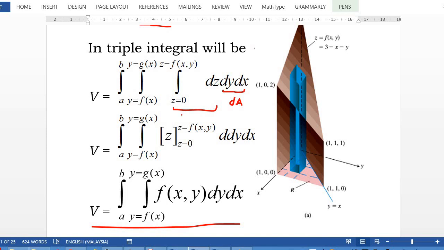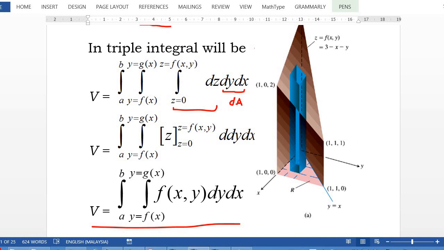However, if using a double integral, your bottom surface, the region R, is always on the xy plane, for the orientation of dy dx or dx dy. So in the triple integral, it's not necessary. The lower limit in z, z equal to 0, can be any bottom surface.